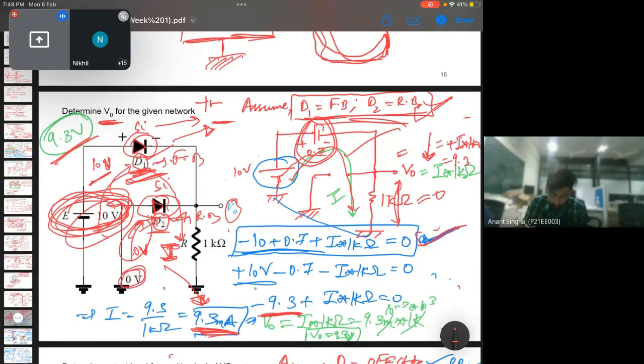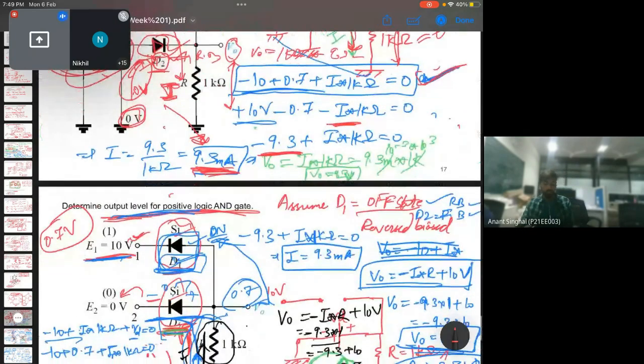So we assumed that D1 was forward biased and D2 is reverse biased, and we made a circuit out of it, and we applied the KCL equation, from where we got to know that the current is positive, which proved that the assumption of D1 as forward and D2 as reverse biased was correct. So finally, we calculated V naught, which was the voltage drop across it, and it was nothing but 1 kilo ohm into whatever current we got, which was 9.3 milliampere. So V naught was 9.3 volts for this case.